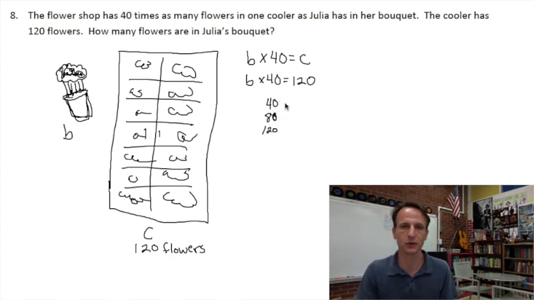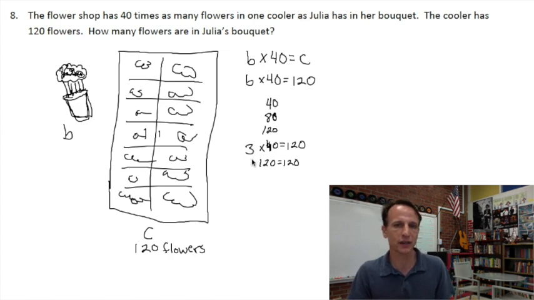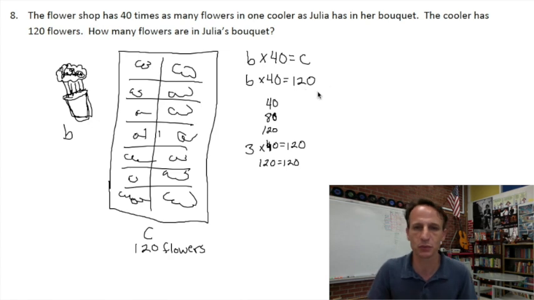So it is 1, 2, 3. And you try that out: 3 times 40 equals 120. Does that make sense? Yes, 3 times 40 is 120. And therefore, my answer checks out. So how many flowers are in the bouquet? A measly 3. Who gave her that bouquet?